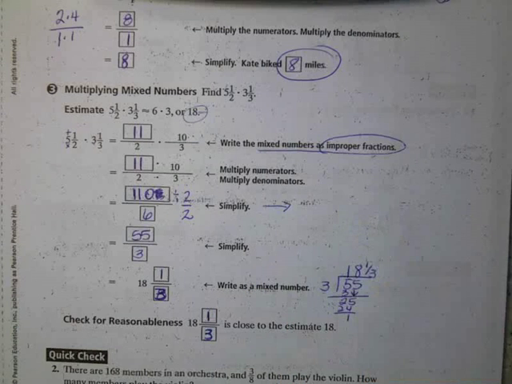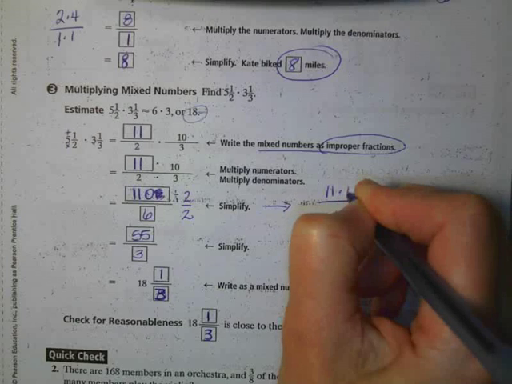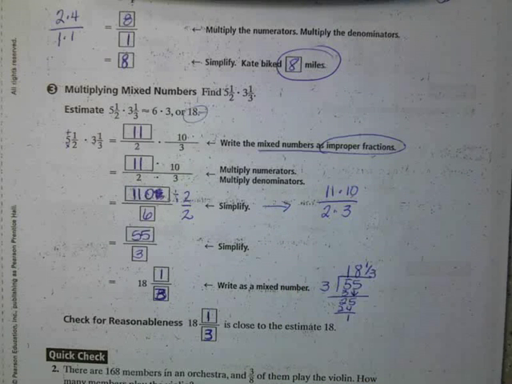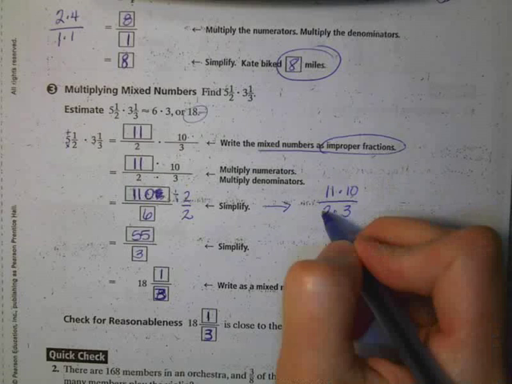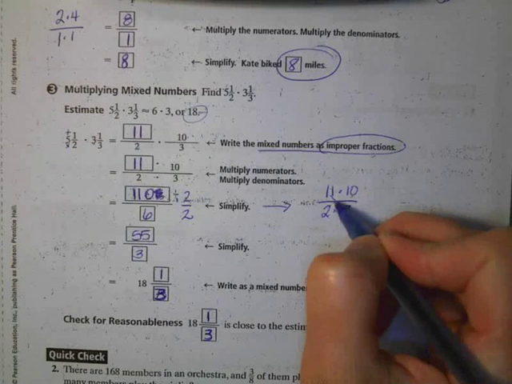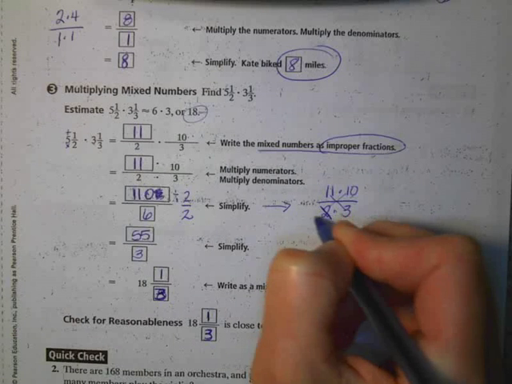Okay. I'm going to go back here and show you what you could have done to simplify just a little bit. In this case, it would have been helpful. 11 and 3 are both prime. 2 and 10 have a common factor of 2.